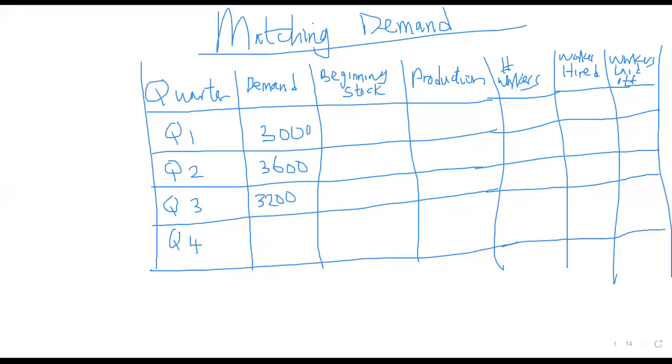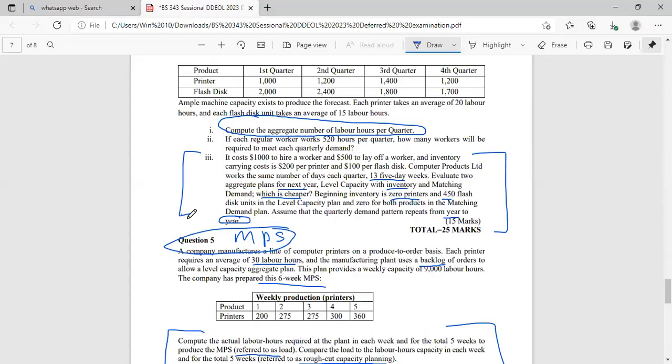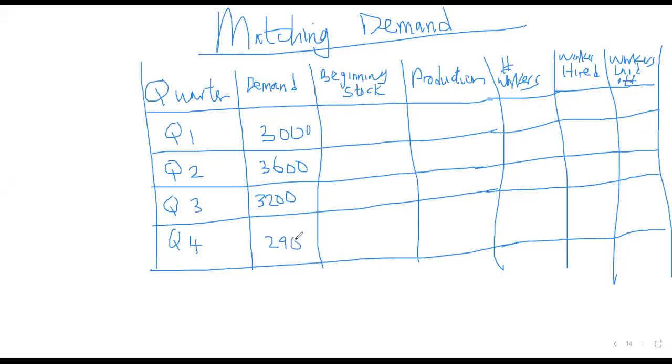Then the other one is 12 plus 17, which is 29.